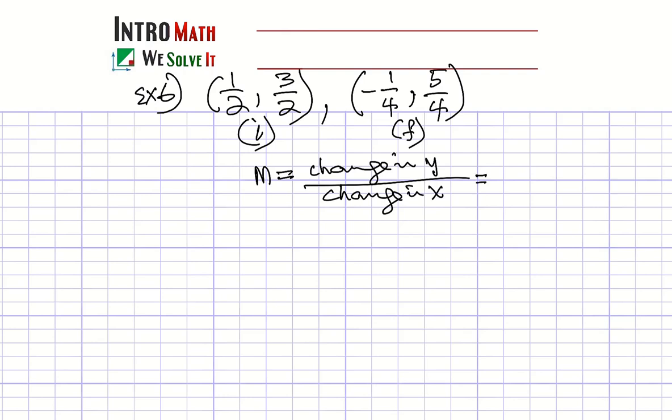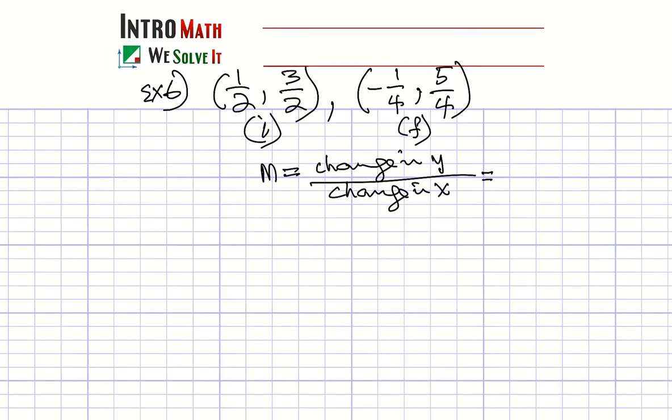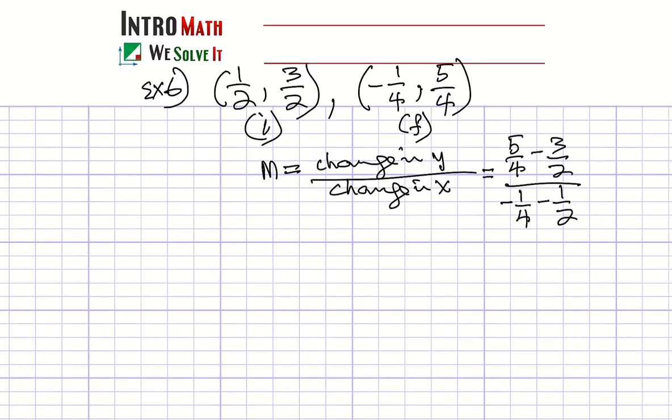Okay, so in this case, slope is 5 over 4 minus 3 over 2 over minus 1 over 4 minus 1 over 2. So we'll have to simplify that.